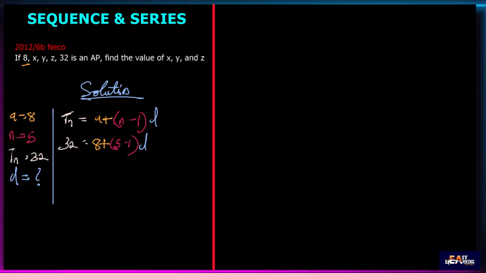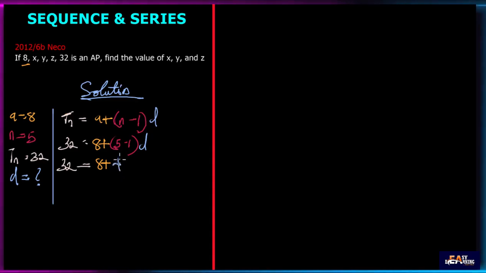So now 32 equals 8 plus, and we solve this bracket. 5 minus 1 is 4, and 4 times D gives us 4D.